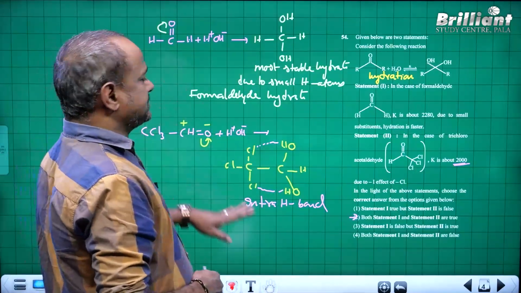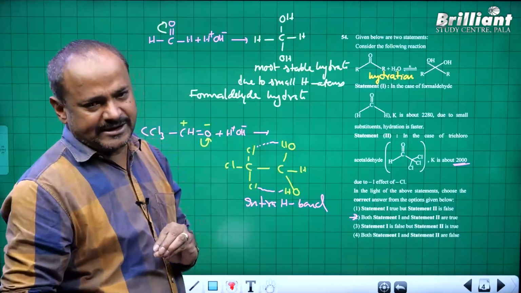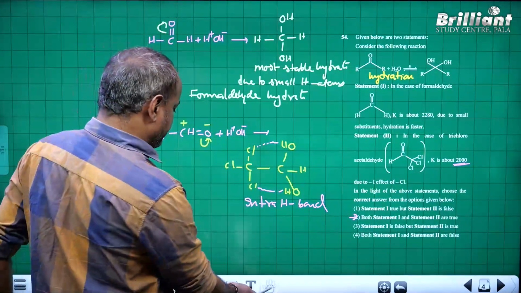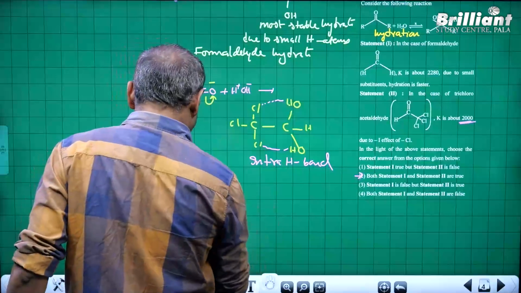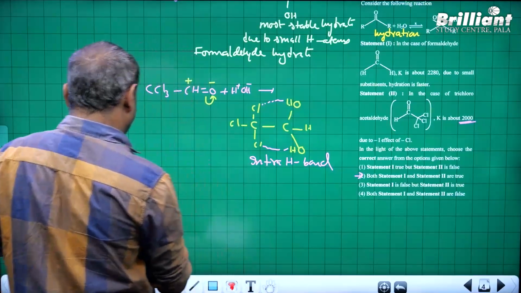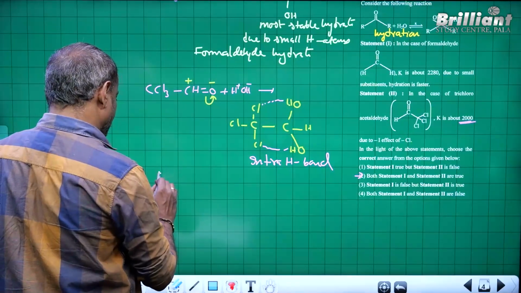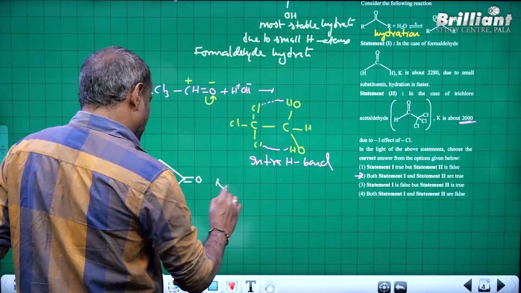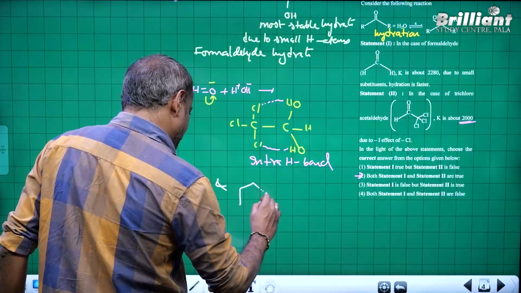Actually, nearly 4 compounds only are present as stable hydrates. This is one, this is the second one. The third one is called cyclopropanone. And the fourth one, ninhydrine.